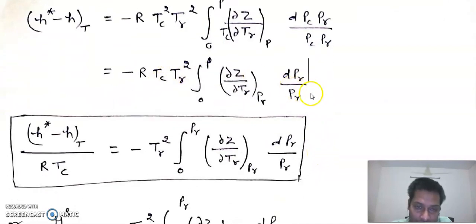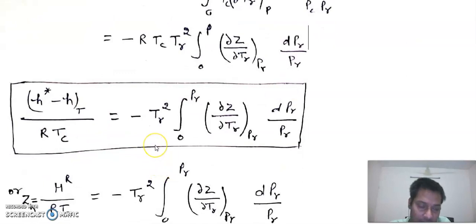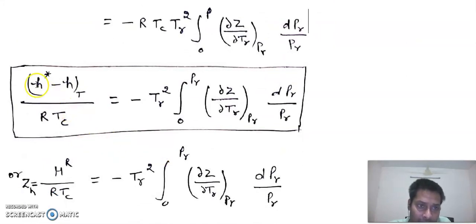Now rearrange this equation by taking this RTc to the left hand side, and this will be the final expression: H star minus H, the residual enthalpy, by RTc equal to minus Tr squared, integral from 0 to Pr of del Z by del Tr at constant Pr, dPr by Pr.